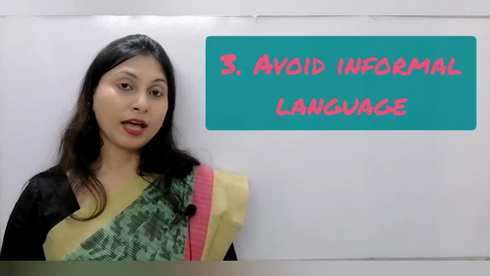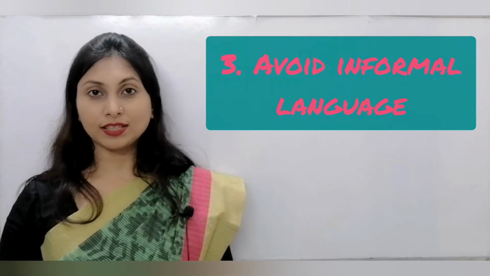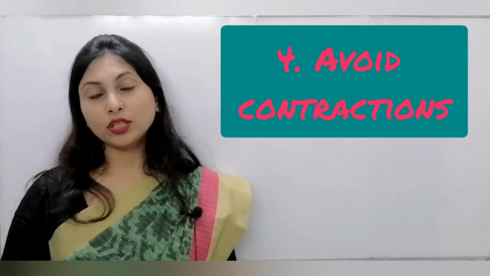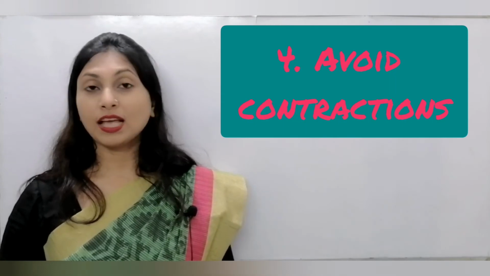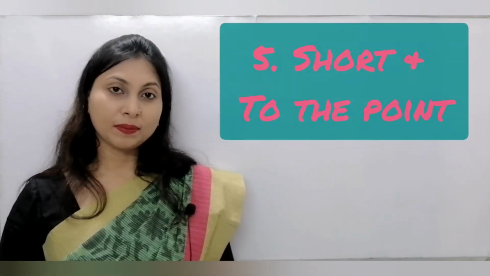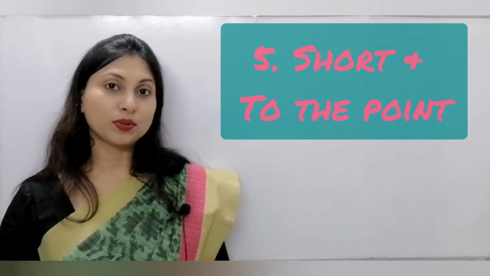Number 3, avoid using informal language and vague sentences. Number 4, avoid using contractions such as isn't, won't, etc. And finally, make sure to keep your letter short and to the point.